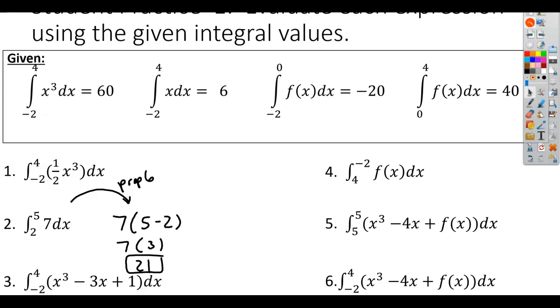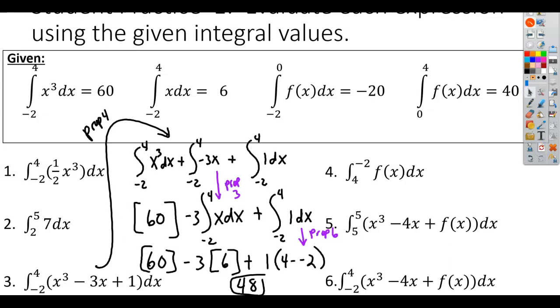Pause the video here and try number 3. All right, so step 1 is to apply property 4 and to split the integral up into 3 separate integrals. Next, I can replace this integral here with 60.